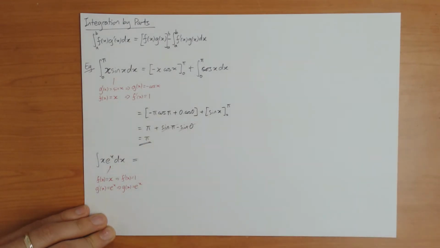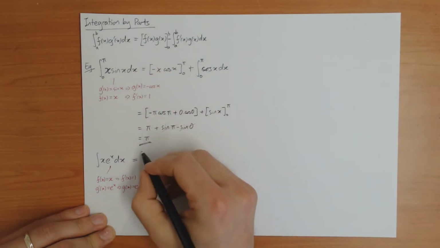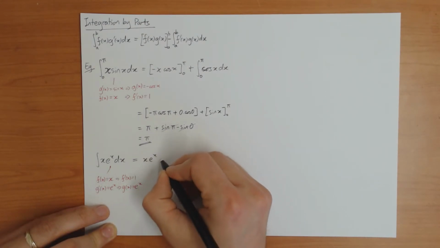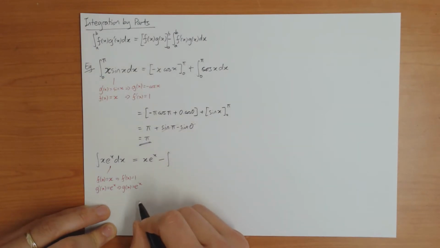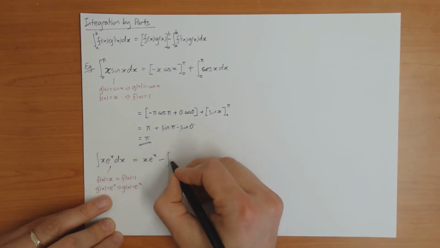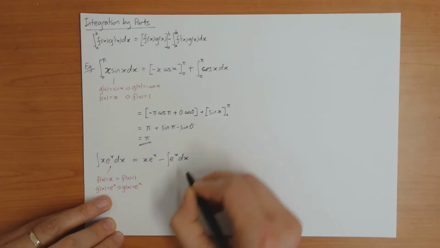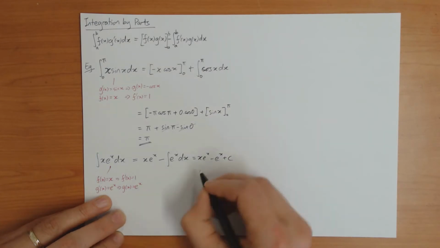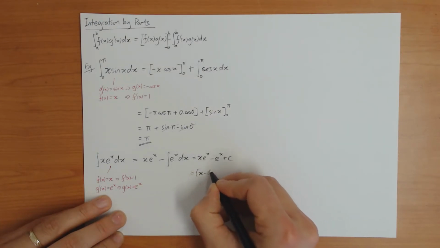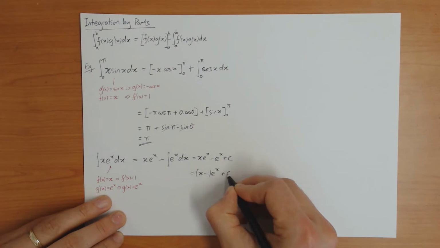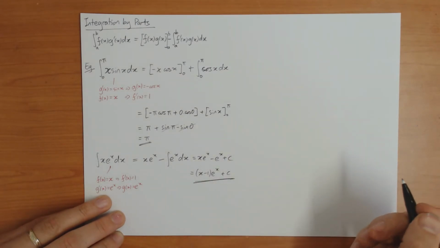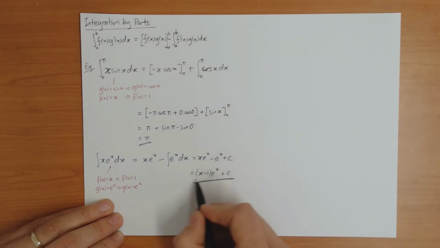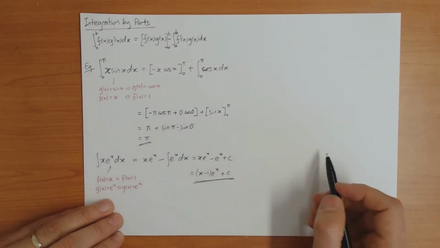Then putting it into the formula, you get f times g, that's x e to the x, minus the integral of f prime times g, that's e to the x dx, which is x e to the x minus e to the x plus c. So I can write this as x minus 1 times e to the x plus c. Okay, and again, if you want to check, you can just differentiate this function, and you should get x times e to the x.